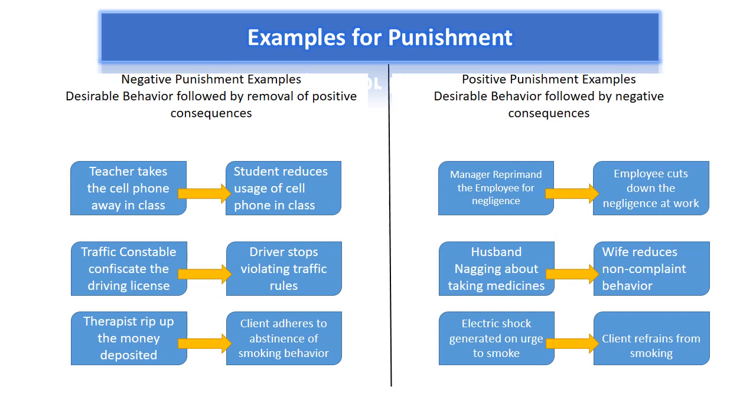That is, the manager reprimands or criticizes or provides a show cause notice to the employee for negligence. And the employee cuts down the negligent behavior on the job. Similarly, the husband keeps nagging the wife about taking the medicines so that she can follow the health regime and adhere to the treatment.